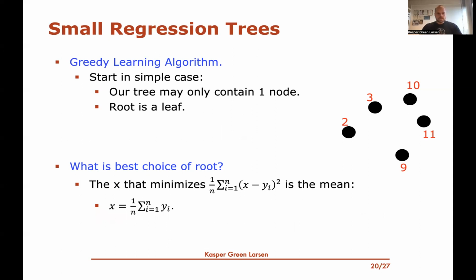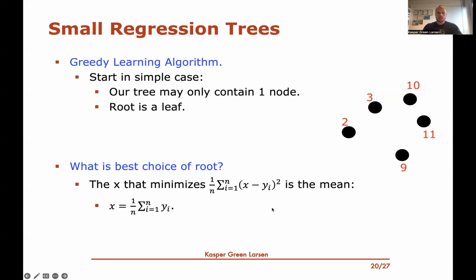It turns out, and this is a rather simple exercise, you can prove that the x that minimizes the average of the sum of squared differences is just the mean of these yi's. So you just return the average value of all these labels: you sum over all the labels and take the average.